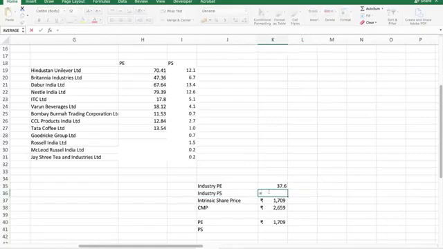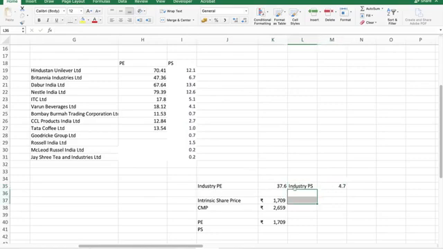The formula that we'll use is again average, and we'll select all these because I don't see any big outlier in this case. All right, so based on P by E, we got these values. Let's see what value we get based on P by S.